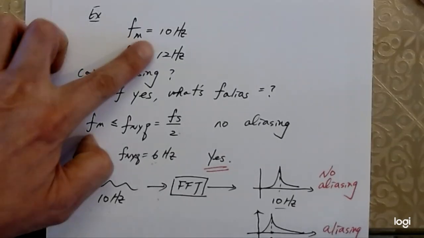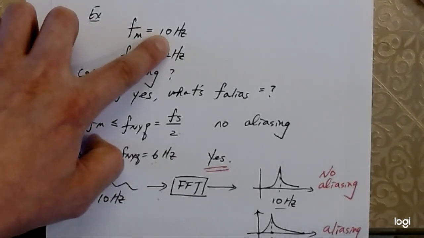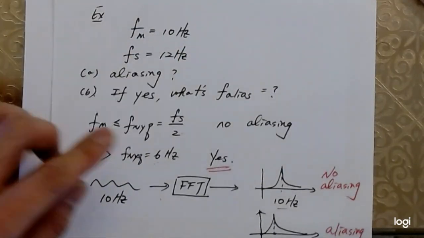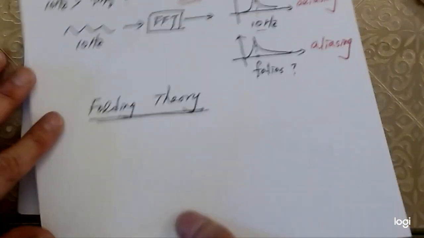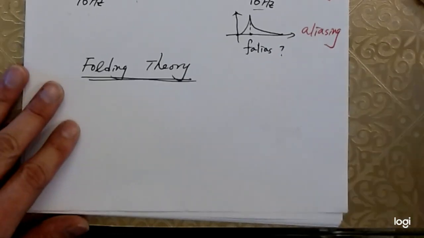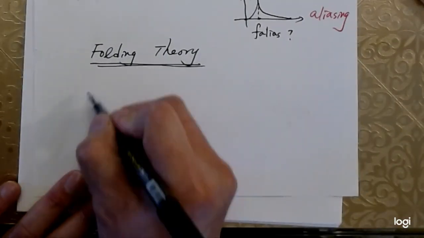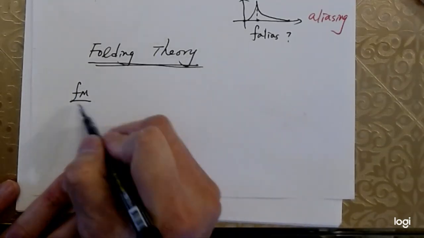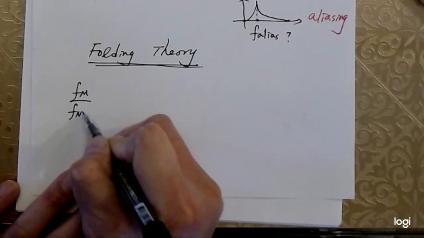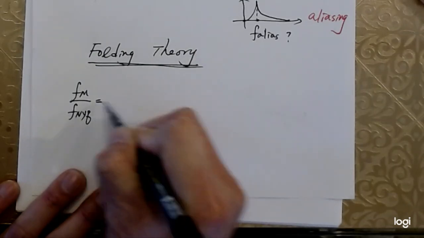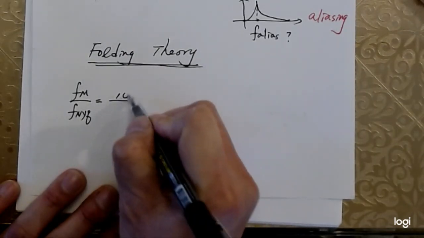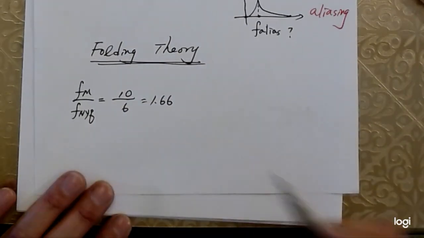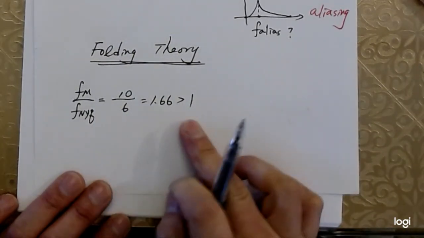So the input signal frequency is 10, Nyquist is 6. So the signal frequency to Nyquist frequency ratio should be 10 over 6, 1.66. So greater than 1. So of course there's aliasing.